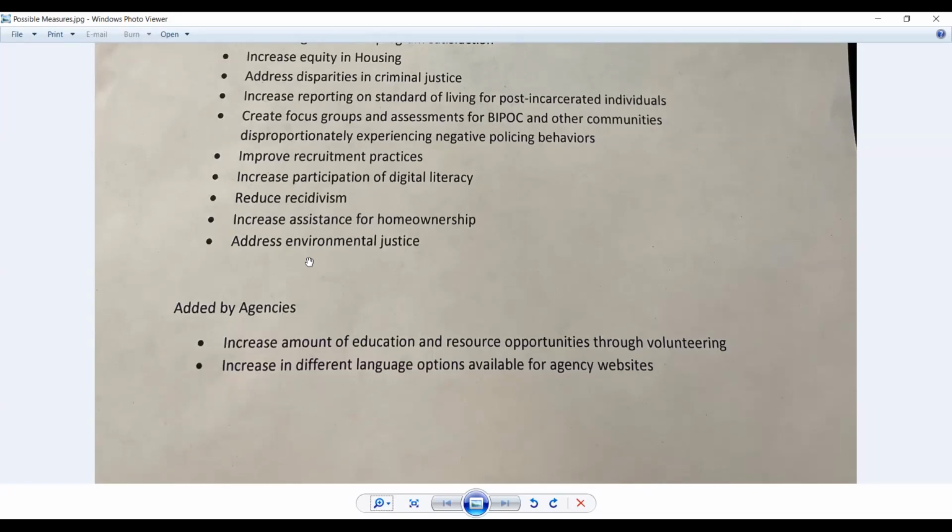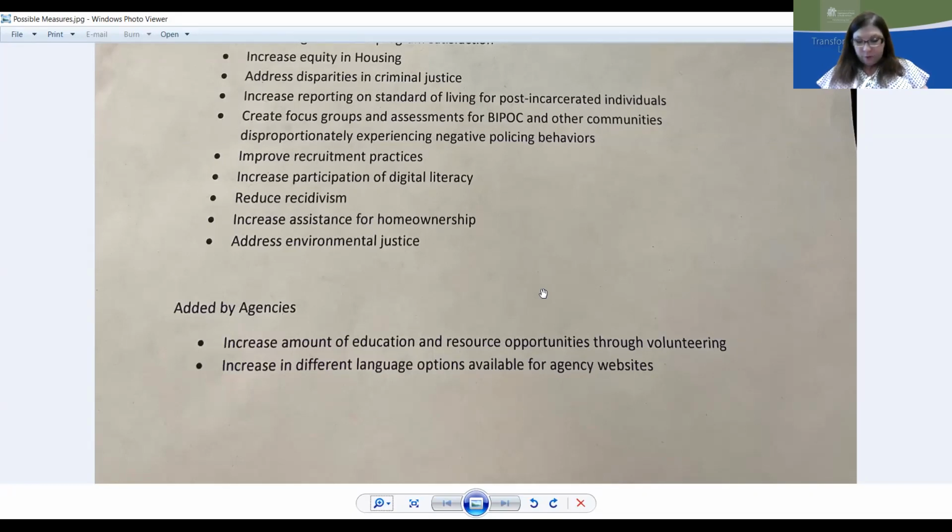Okay, thanks. Yes, environmental justice is 12. And then 13 is increase the amount of education and resource opportunities through volunteering. And 14 is increase in different language options available for agency websites.